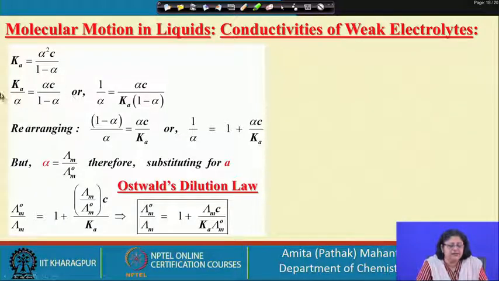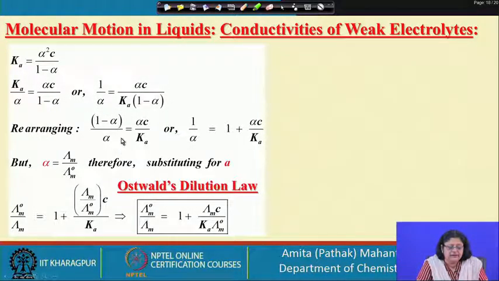You just see, you have the equilibrium constant, how you got the equilibrium constant. I hope you understand that. Then I rearrange. I have alpha, taken 1 to the denominator, and so I have this expression. I have 1 by alpha on one side and 1 by K, the equilibrium constant, into this.